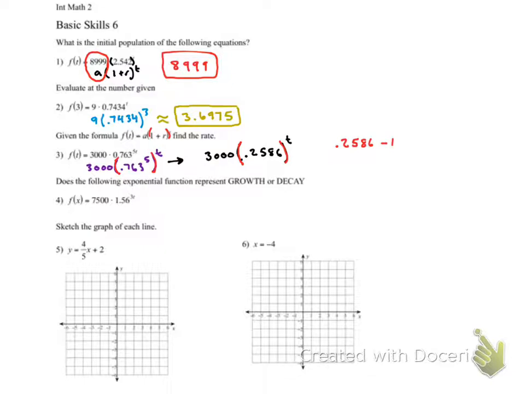So 0.2586 minus 1 gives us roughly negative 0.7414. And that is our rate there, or negative 74.14%.